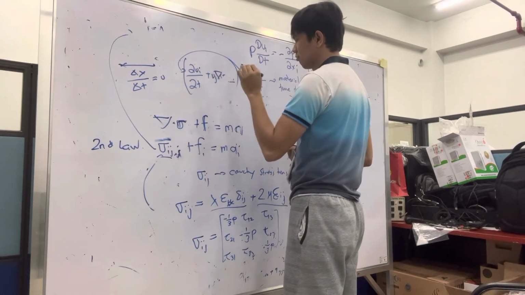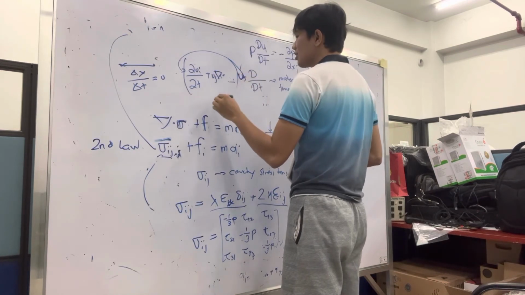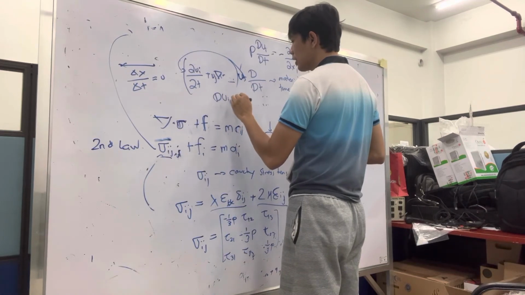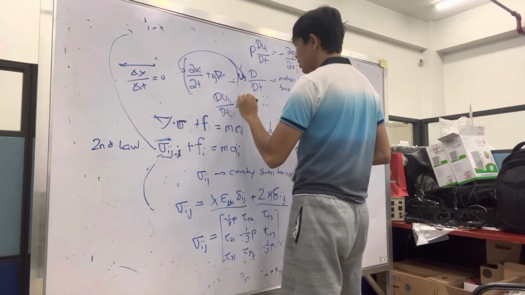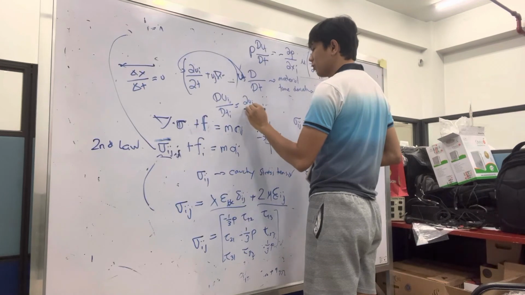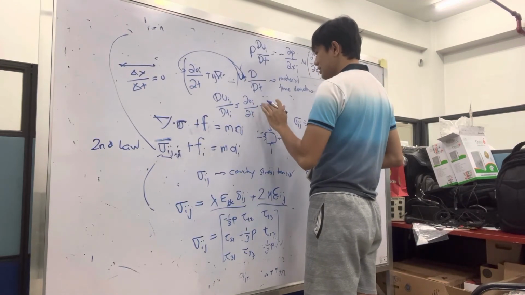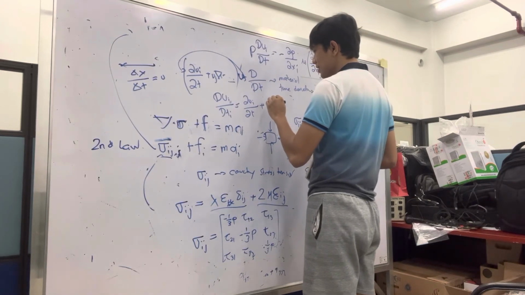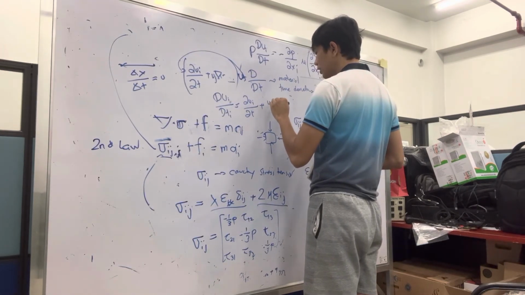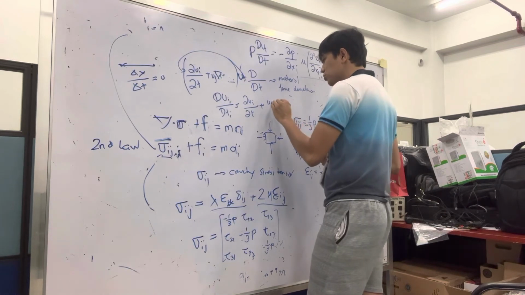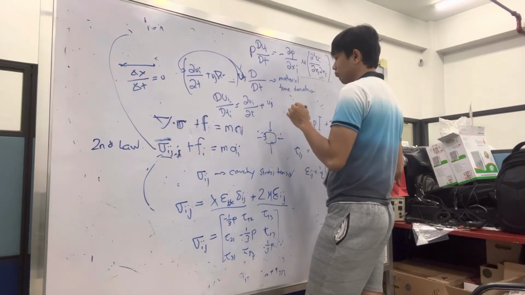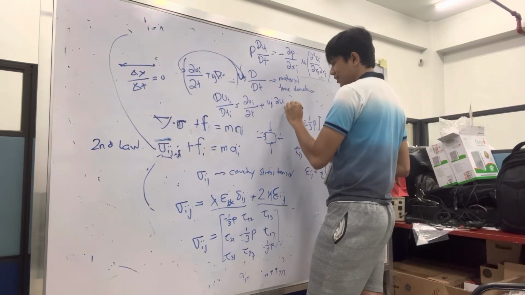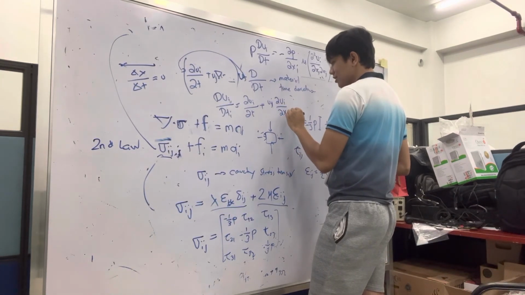So kapag u_j, I think, oo. So mangyayari dito, yung Du_i over Dt mo will be equal to partial of u_i over partial t plus yung acceleration over space. So meron kang u_j, tapos partial ng u_i over x_j.